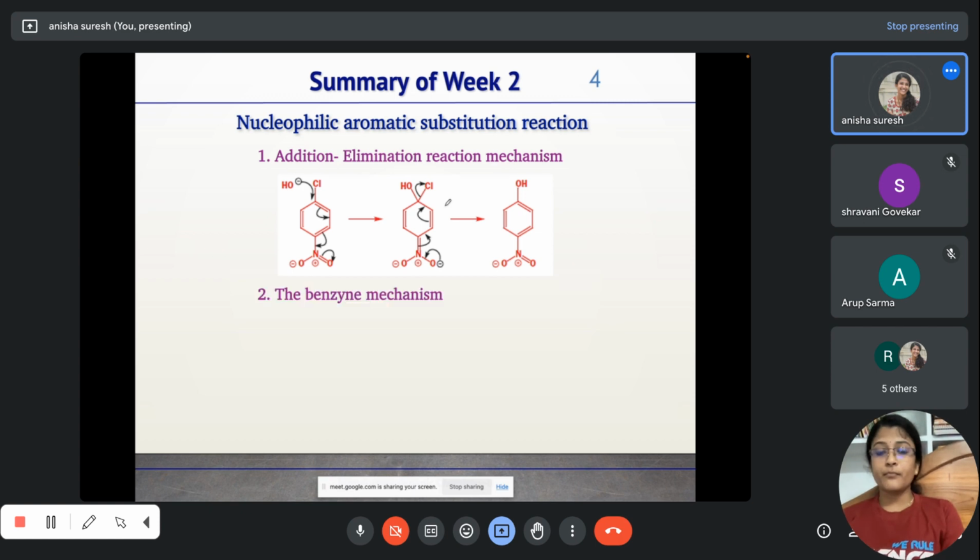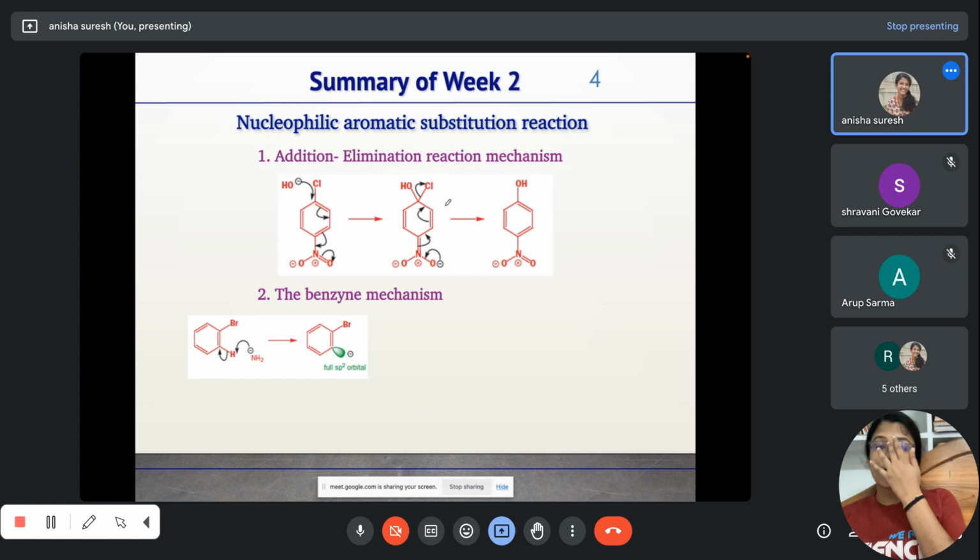Okay. And the benzyne mechanism: if electron withdrawing groups are absent in the system, the benzyne mechanism is likely to take place, and it takes place under harsh conditions like sodamide in liquid ammonia.